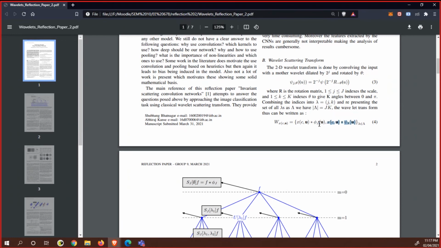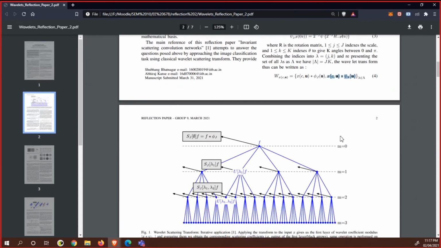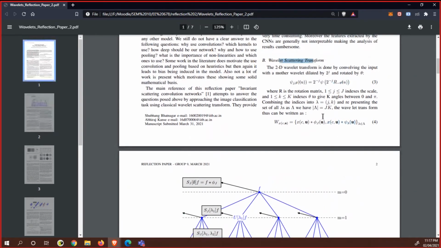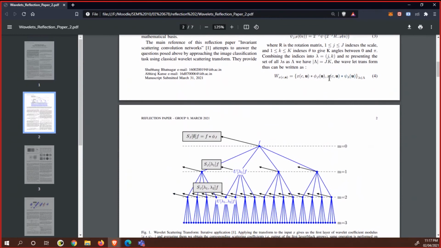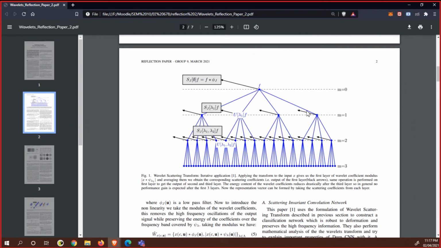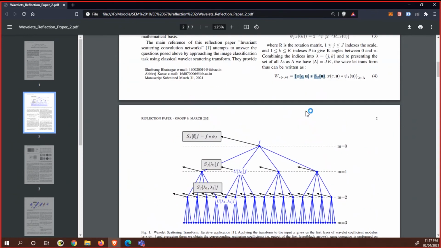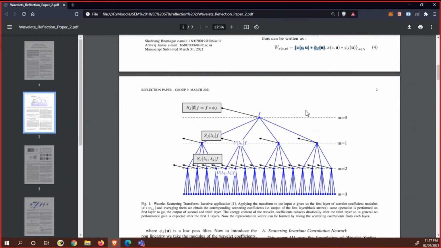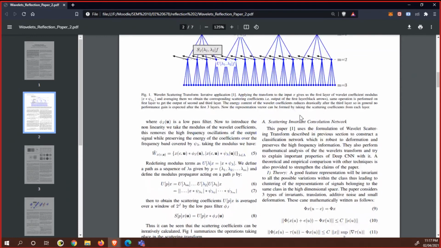What is different in the wavelet scattering transform is that along with this convolution with the wavelet, we are also doing a convolution with phi_J, which is an averaging function, or in other words a low pass filter, which only preserves the low frequency information present in the signal.